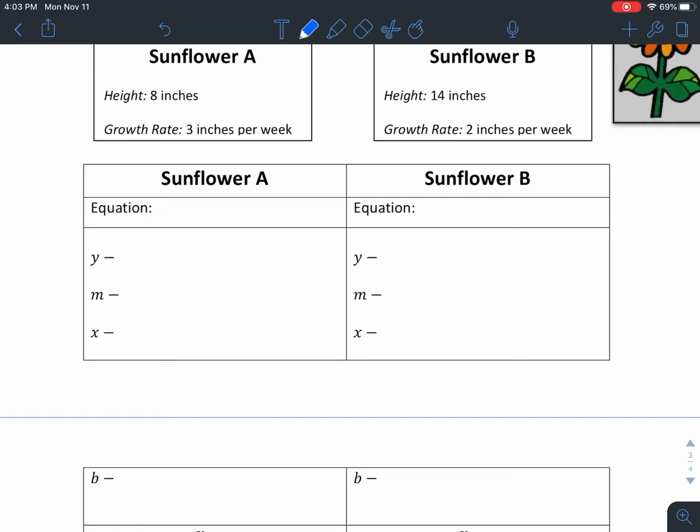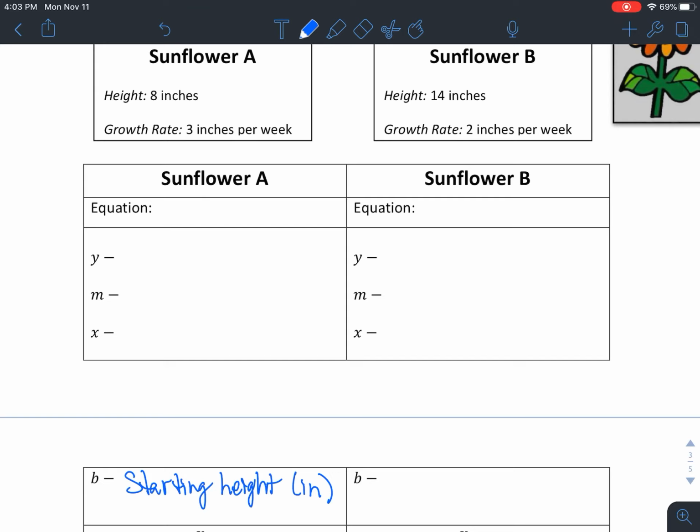It printed out kind of funky. But my B value is my starting height, and that's always going to be, in this case, in inches.